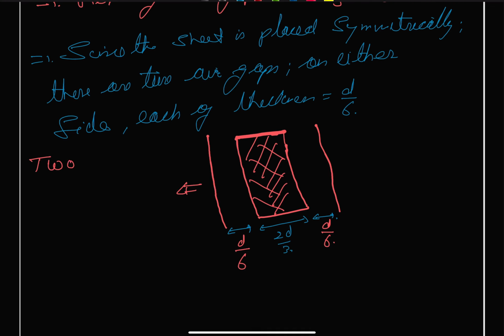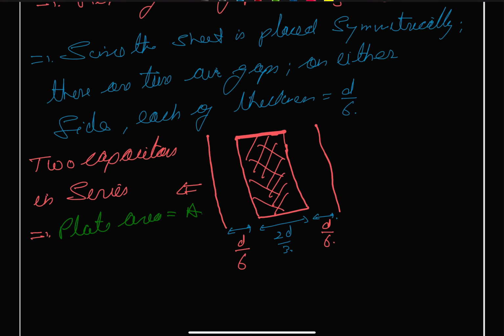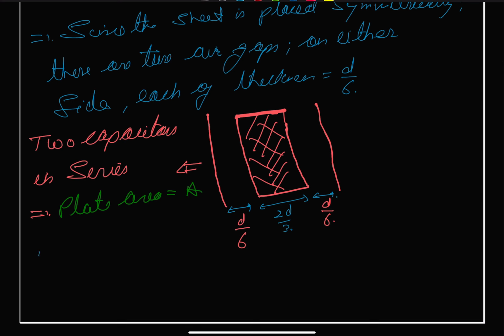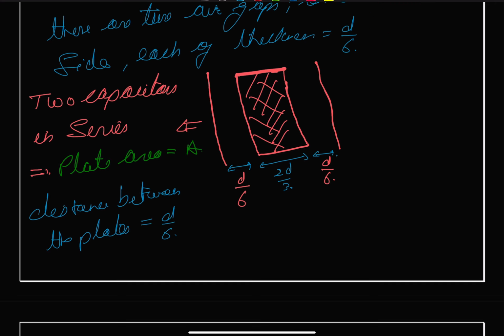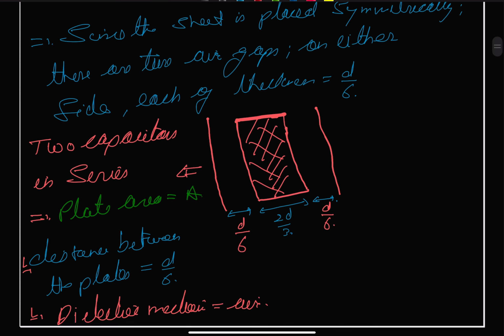In the series capacitors, the plate area is the same for the entire setup, equal to A. The distance between the plates is d by 6, and the dielectric medium is air. We can also draw an equivalent of that.